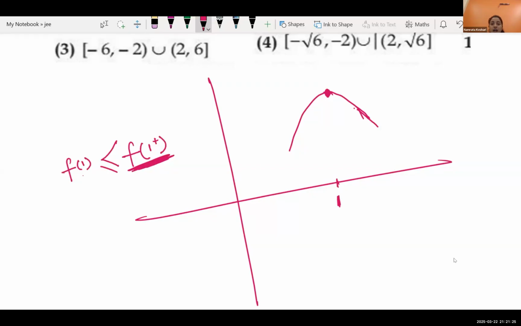Because f of 1 is the highest, on the right side it must be smaller, right? The y value, the output. Then only it can be the max, right?